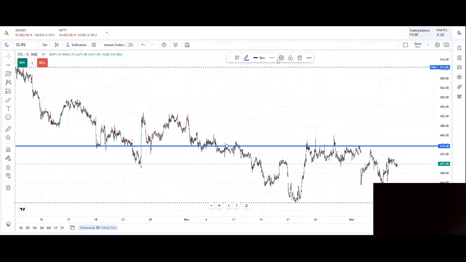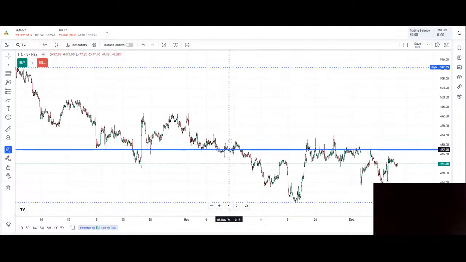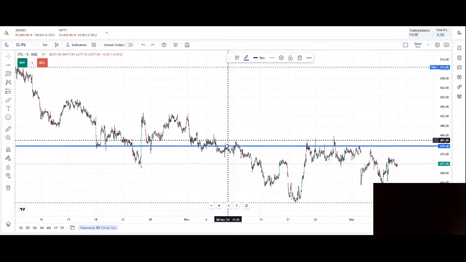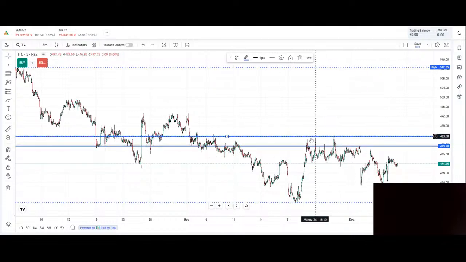What analysis I have made out of it is, if we would wait for ITC to crack 479.40. If it goes above 479.40, our next target is going to be 483.50 approximately.